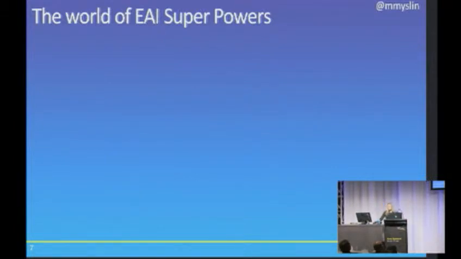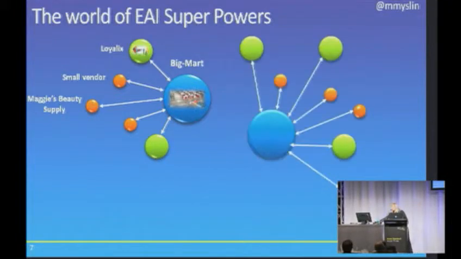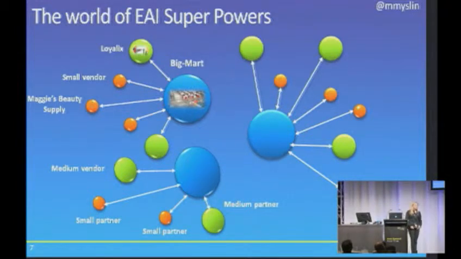But now if you think about what Big Mart gets and what kind of world that leaves us with as a result, right? Big Mart is the big kahuna of a company that works with hundreds of vendors. And that's great for them and great for other companies like them that realize that global economy means everybody integrates with each other.